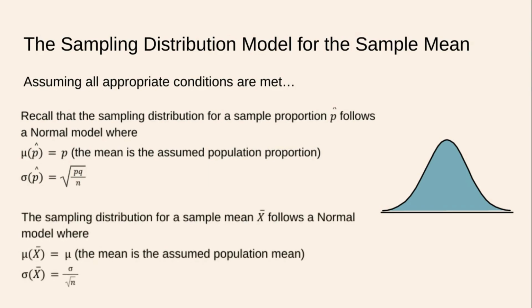The sampling distribution for a sample mean, namely x bar, or choose your variable bar, follows a normal model where the mean of that bell curve is the assumed population mean. The standard deviation is the standard deviation of the population, divided by the square root of the sample size. So again, similar to the population of the random variable itself, but notably a bit smaller because of that square root of n in the denominator.